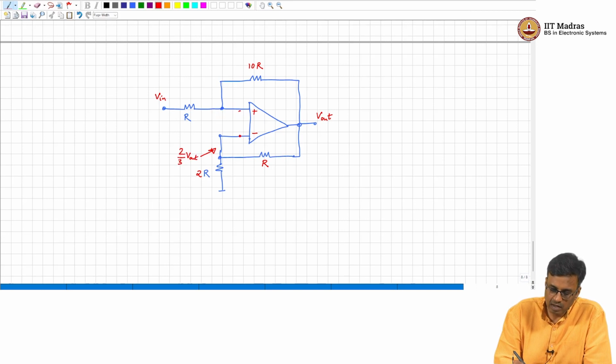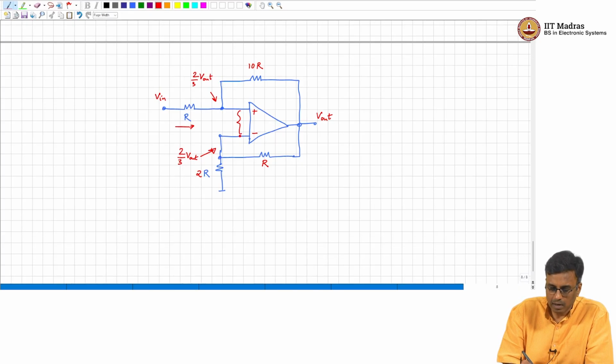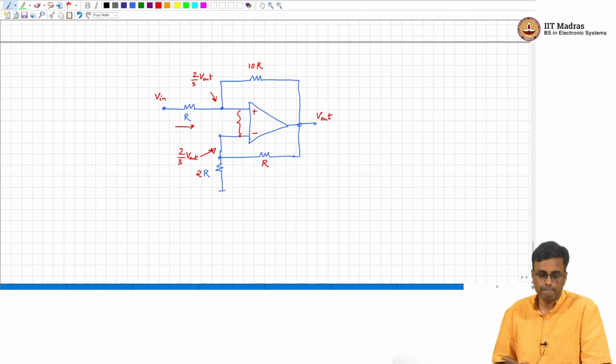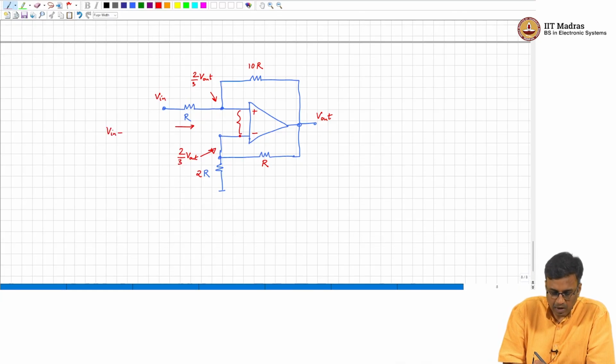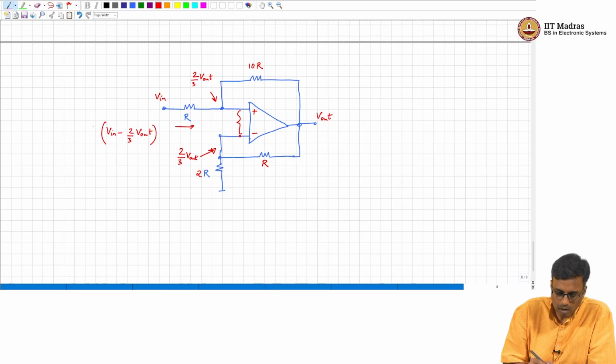So, this is a virtual short. So, what is this voltage therefore? 2/3 V out. So, what is this current? V in minus 2/3 V out by R. That is the current there.